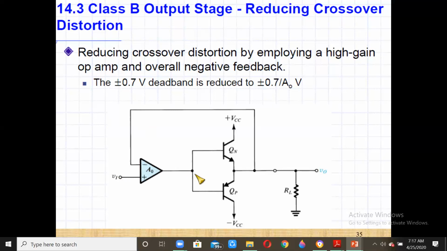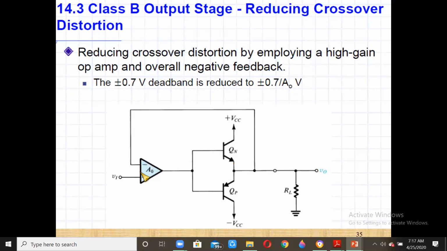And at that time, the transistors will start conducting, thus reducing the dead band, and hence the crossover distortion, to only a very small value.